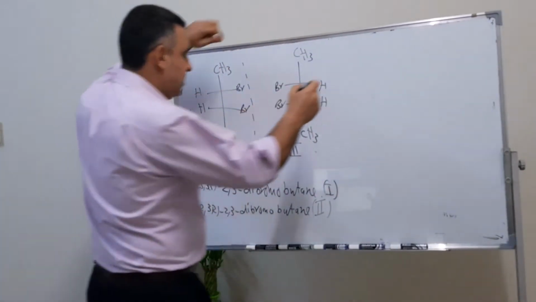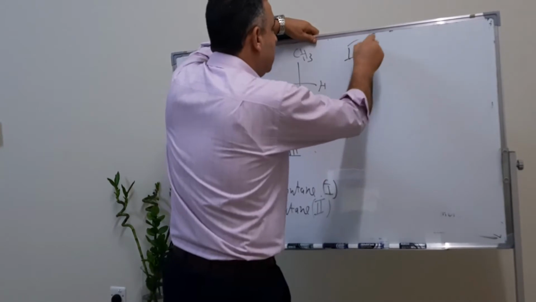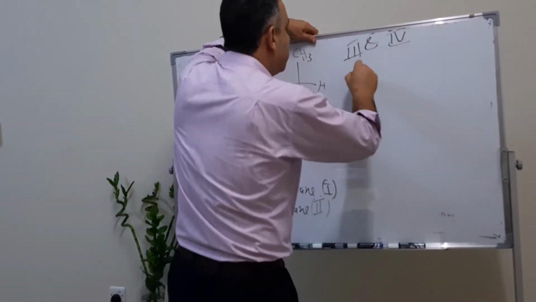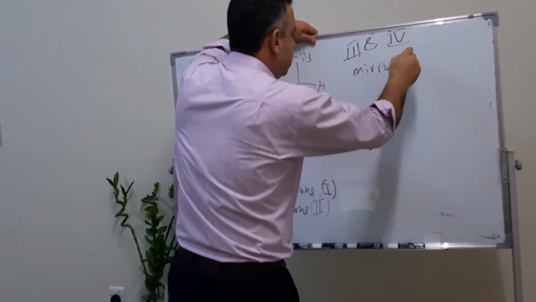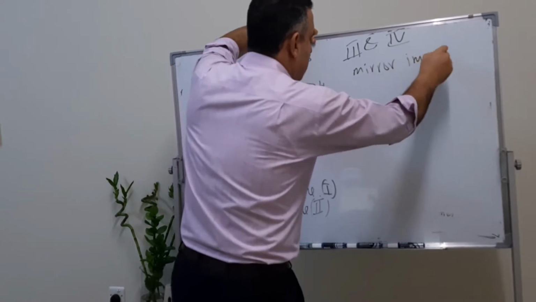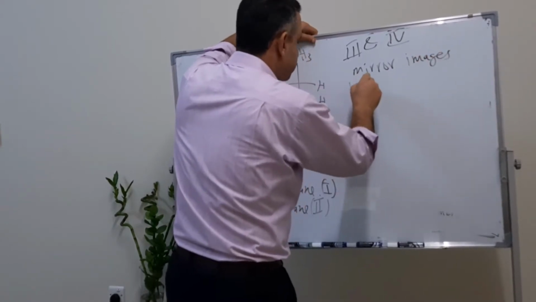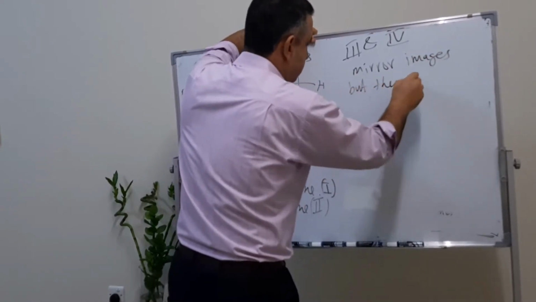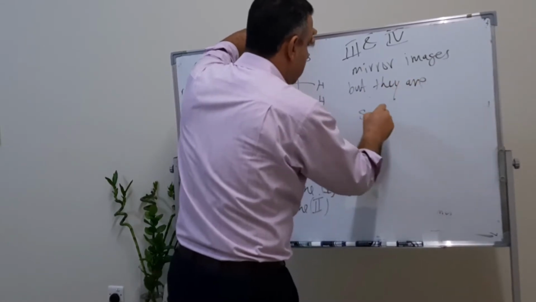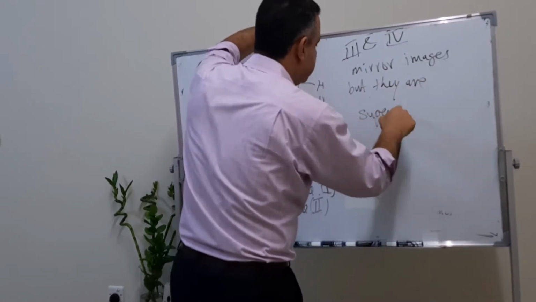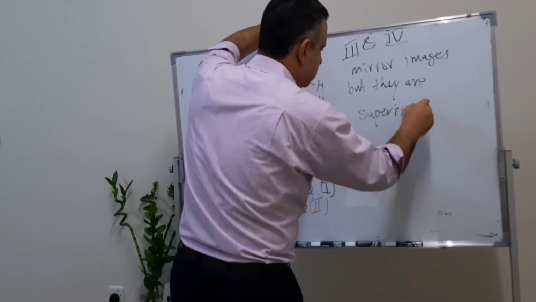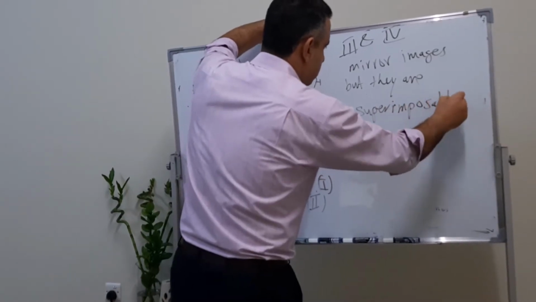Although 3 and 4 are mirror images, they are superimposable into each other.